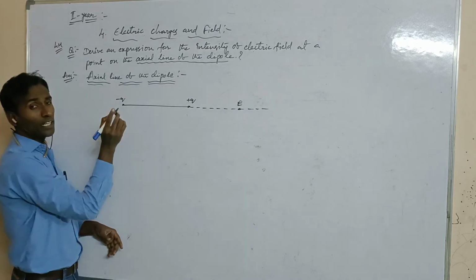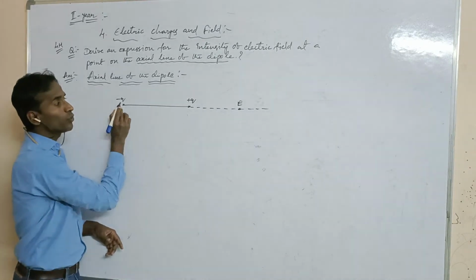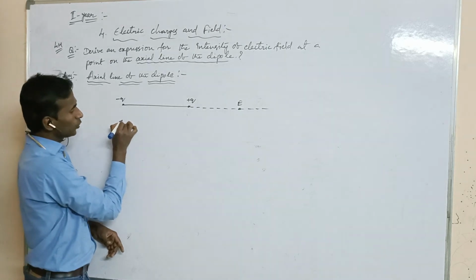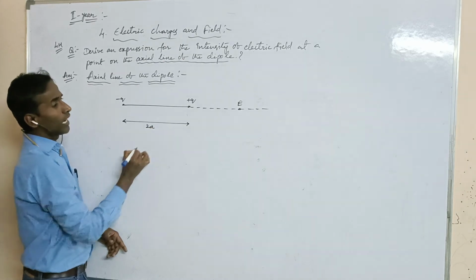Already I told you, a dipole means nothing but the two charges plus q and minus q, which are separated by a distance 2a.